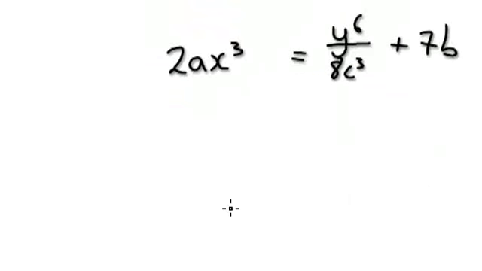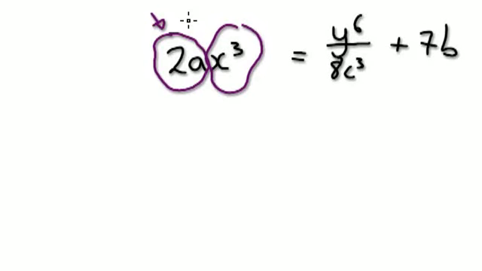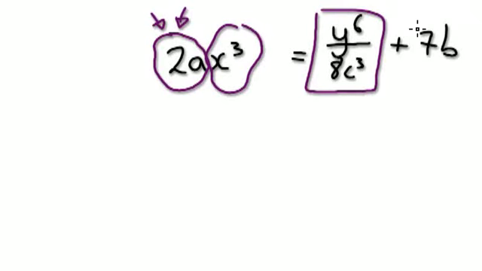But at the moment we can visualize it as this bubble multiplying this bubble here. So we've got to kill this thing off. So we want to divide both sides by 2a. But at the moment we've got this block here plus this block here. So to divide by 2a is quite difficult. So let's merge these two together, and then division becomes easier.